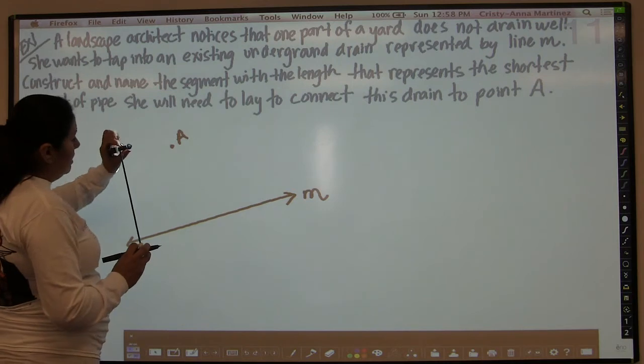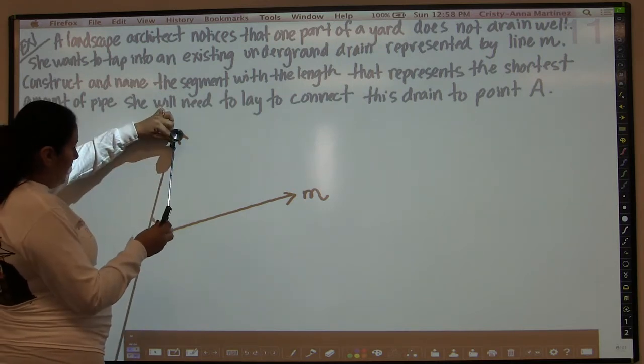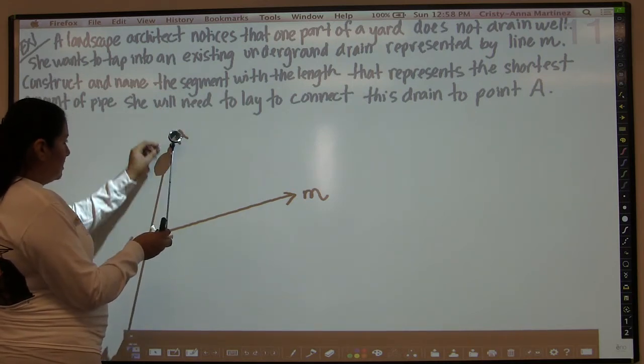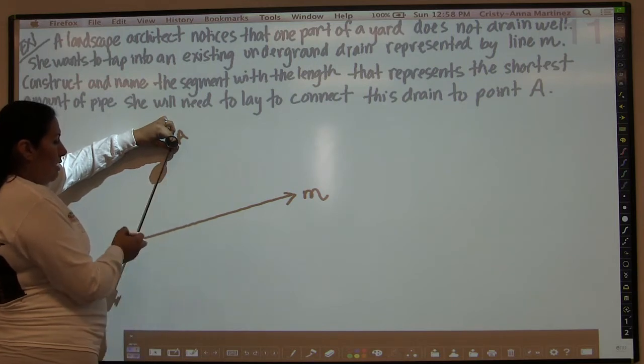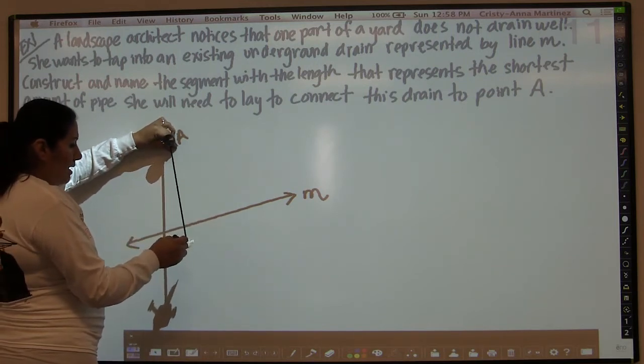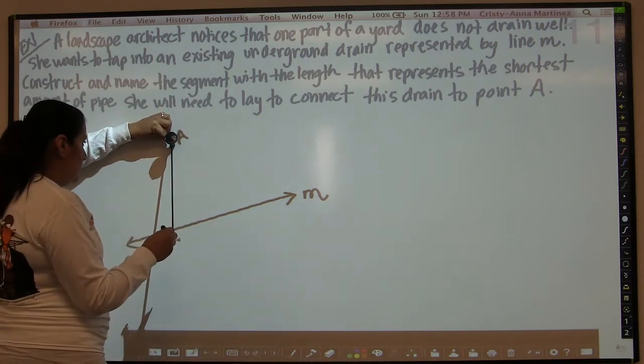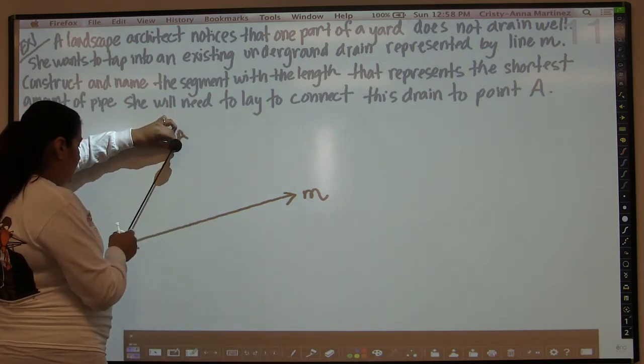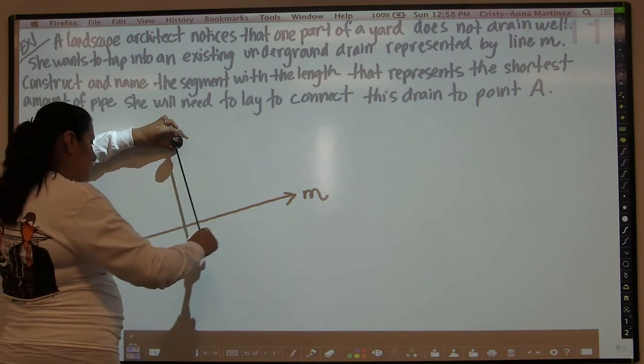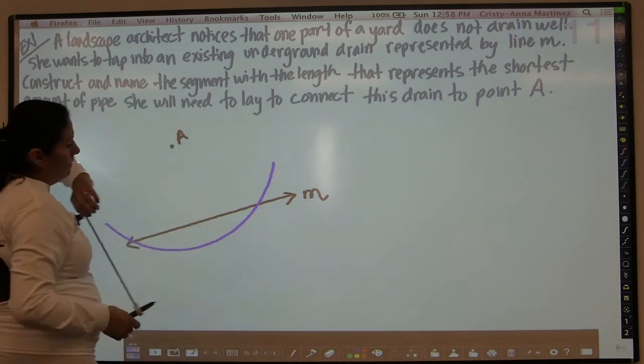You're going to put the needle point of your compass on point A, like so. And hopefully it's long enough to intersect 2 times. And let's do that in a different color. So there's point A, and I'm just going to draw an arc like that.